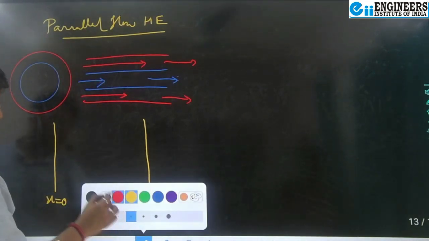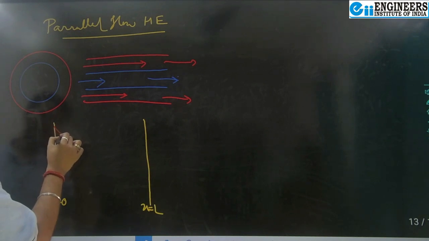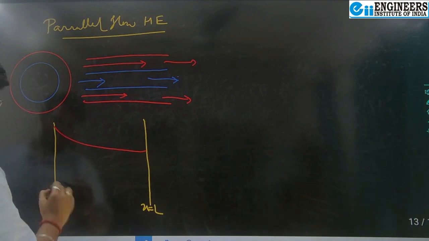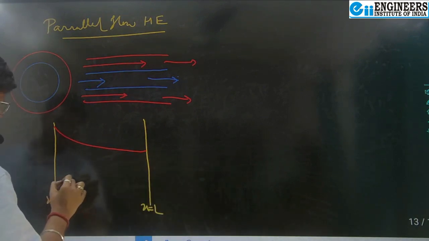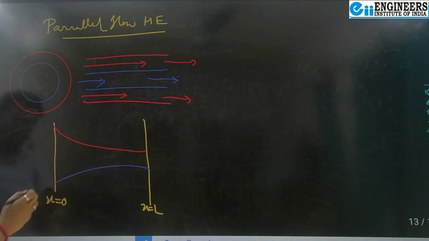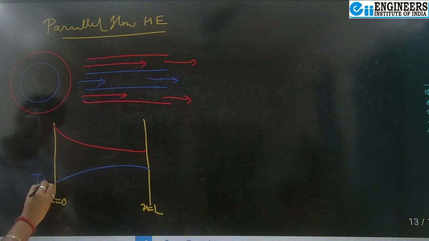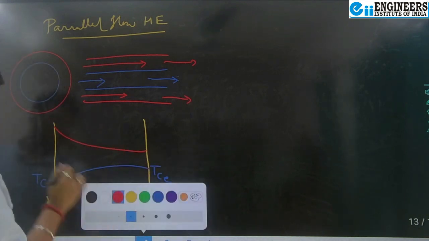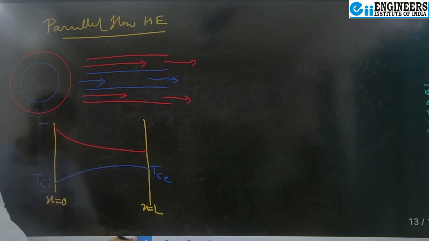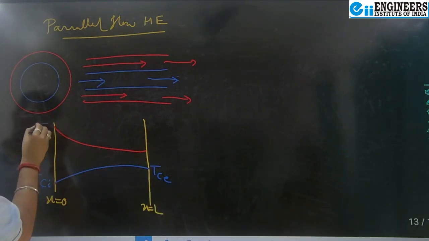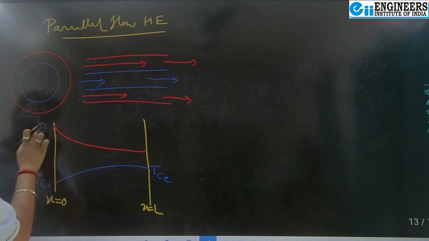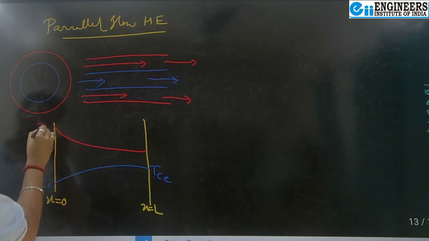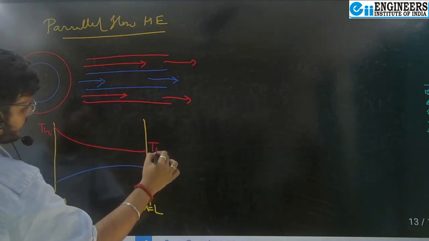Then what we analyzed is that the hot fluid is flowing, and simultaneously the cold fluid will also move. Suppose here it is TCI and TC exit, and here it is THI and TH exit.